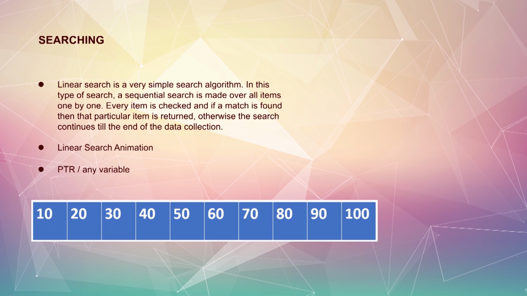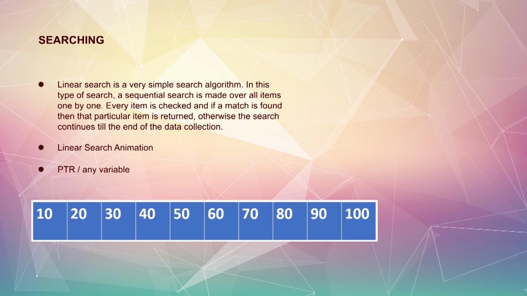Here I have taken one array and I have already put some items inside the array: the first node contains 10, the second is 20, then 30, 40, 50, 60, 70, 80, 90, 100. All nodes contain some data, some values.